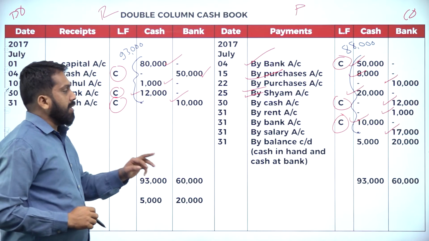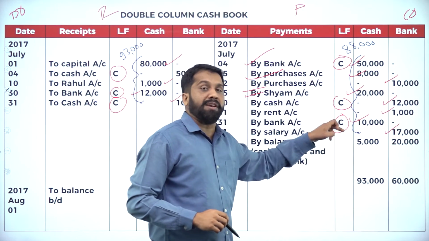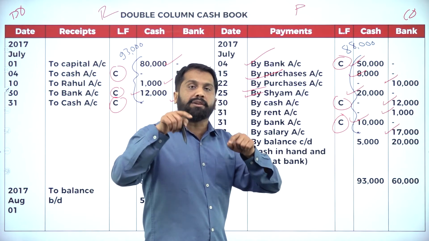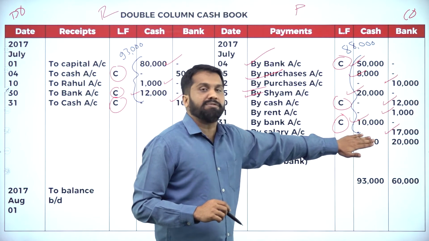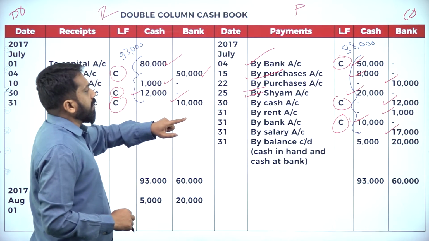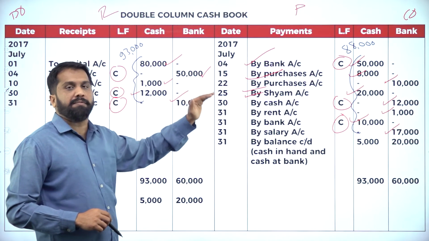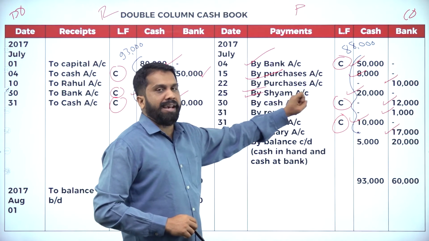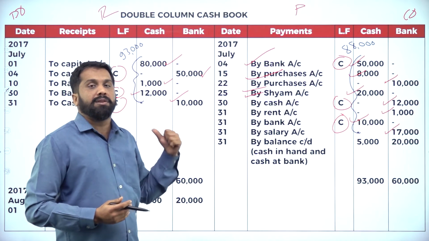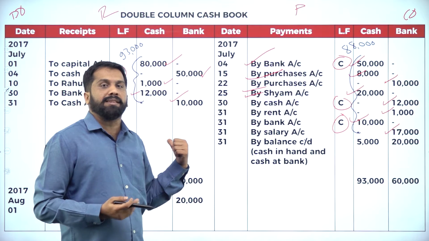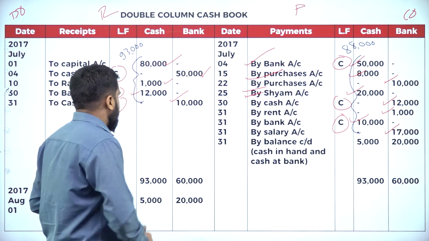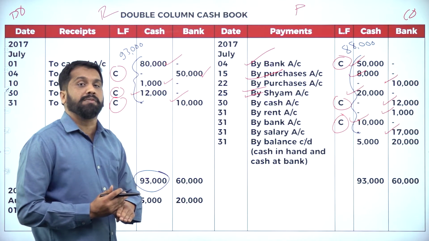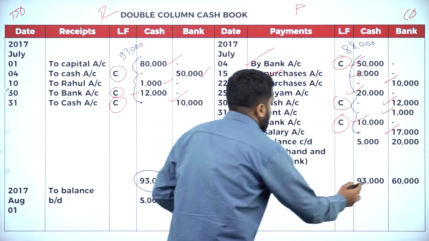Your debit side. We are finding the 5,000; in the answer it is already there, but when you are doing the problem you don't have this 5,000. Whichever is higher, your debit side 93,000 is greater. Higher value should be written on both the sides.